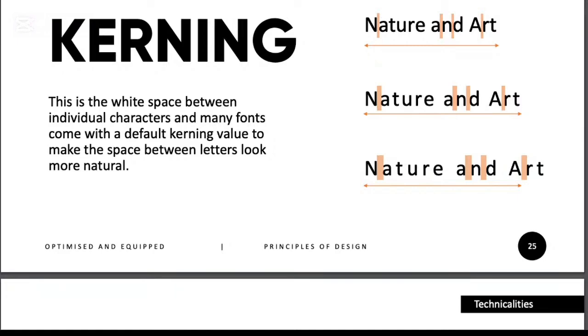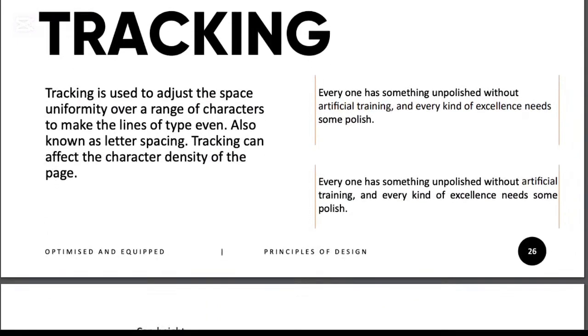Then we are going to be talking about tracking. Tracking is used to adjust the space uniformity over a range of characters.